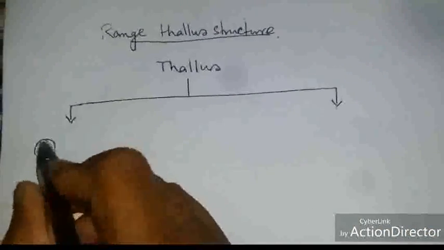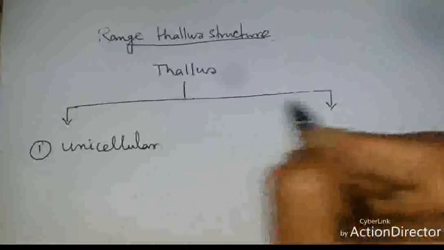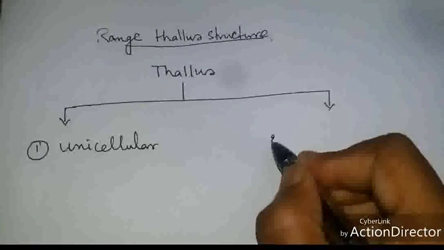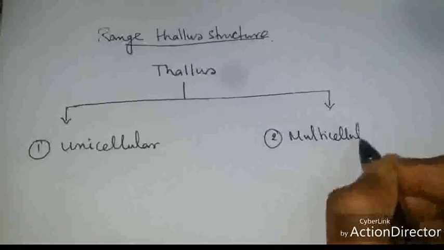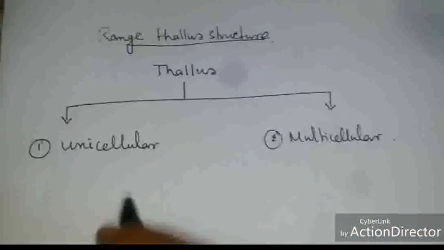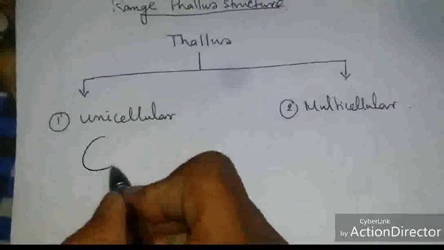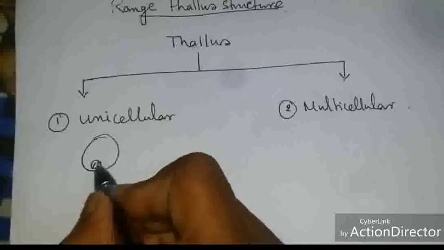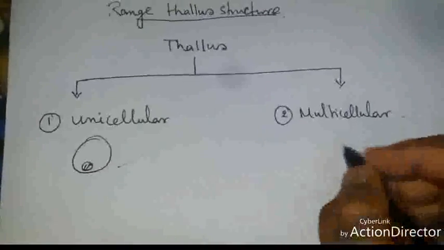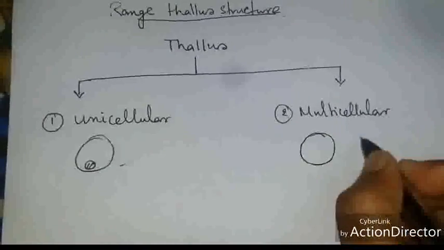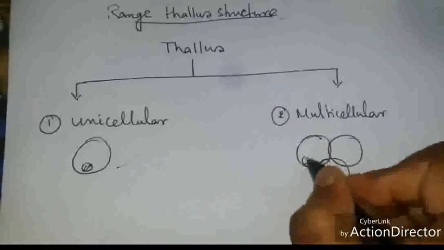First is unicellular and the second is multicellular. Previously I told that unicellular means body which is made up of a single cell, and multicellular means thallus or body which is made up of a number of cells.